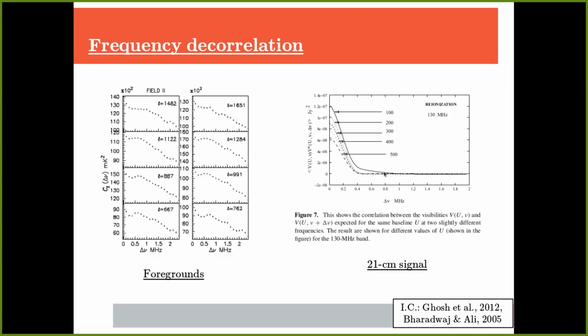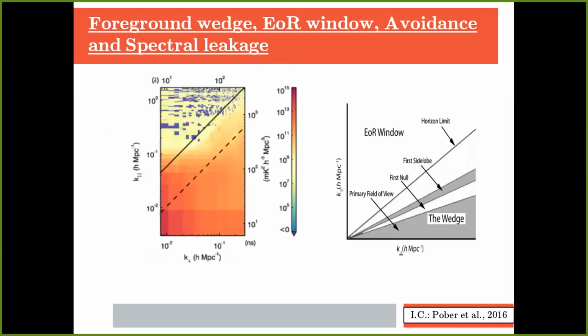exploit to separate the signal from the foregrounds. This is the Fourier space in K perpendicular, K parallel space. K perpendicular corresponds to a u value, and K parallel is essentially the Fourier transform of the frequency.